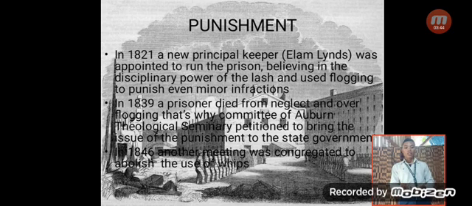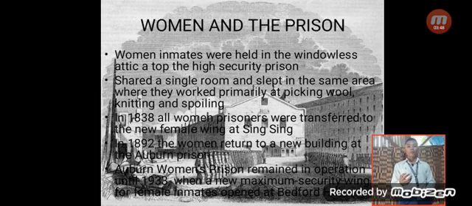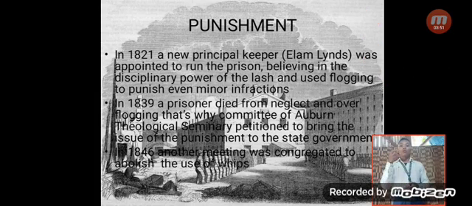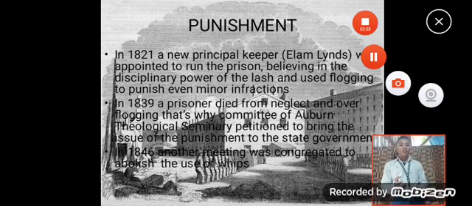The barrel with the inmate inside was placed directly under an outlet pipe where water, sometimes iced, would pour down. Another form of punishment was the yoke. The yoke used iron bars around the neck and arms of the prisoner.